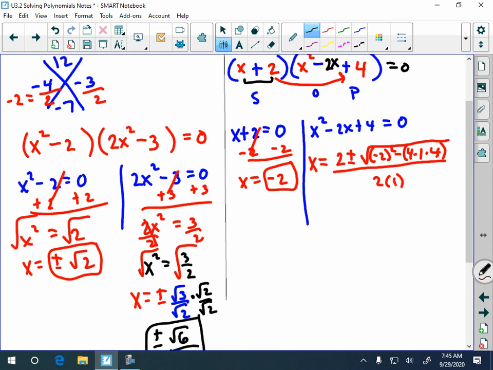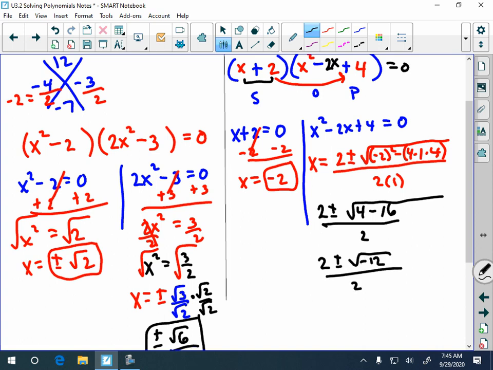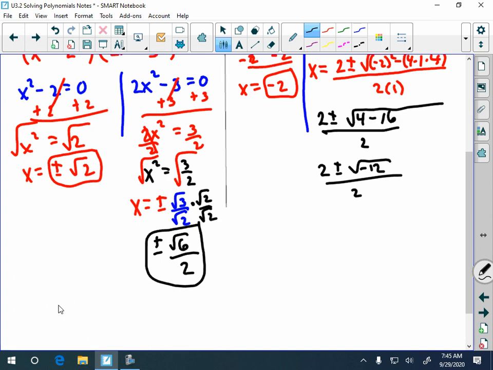All right, so we'll keep simplifying. 2 plus or minus square root of 4 minus 16 all over 2. 2 plus or minus square root of negative 12 all over 2. To pull the negative out, 2 plus or minus i root 12 over 2.